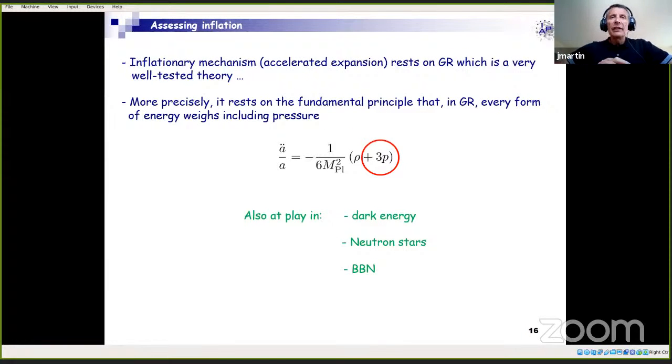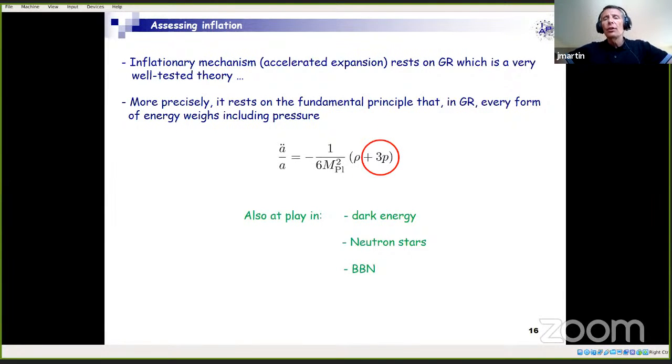But more precisely, we know that we can get acceleration, that is to say inflation, because the pressure term appears in the acceleration equation for the scale factor, as you can see here. And the fact that the pressure term appears in this equation is really due to one of the fundamental principles of GR, namely that every form of energy weighs in GR, including the pressure.